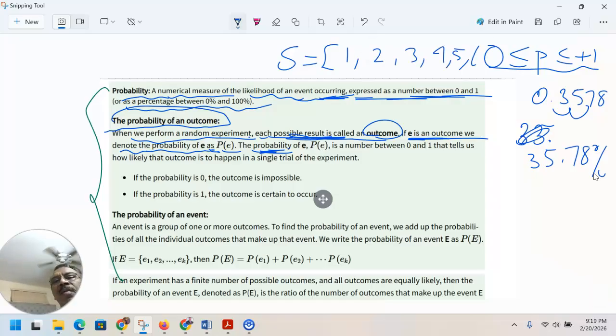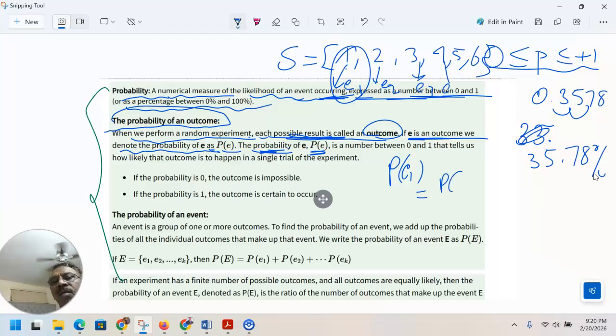This is the sample space, but each one of them is an outcome. So these are like E1, E2, E3. They are separate, and each one is called an outcome. When you talk about the probability of E1, you're asking the probability that one shows up.